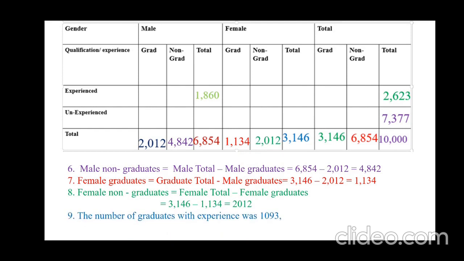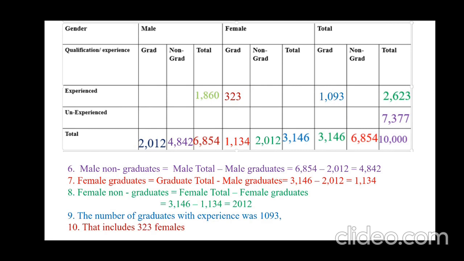The number of graduates with experience is 1093. That includes 323 females. Look at that. Here you can check male total or graduate, non-graduate. Similarly for female, dividing into three parts: male, female, total. In the three parts, individually wherever two values are given, we can find the other values.